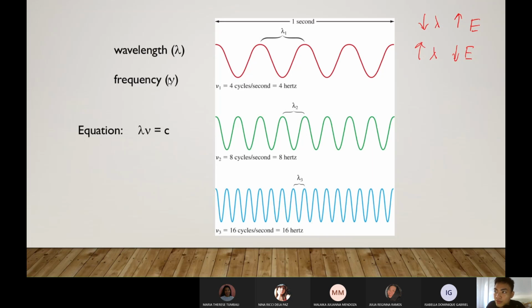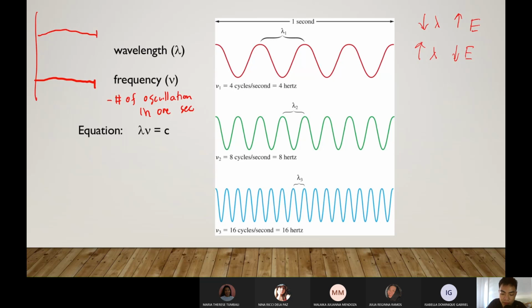When we talk about frequency naman, it tells us how many oscillations can be done in a fraction of a second. This tells us the number of oscillations in 1 second. So for example, this is 1 second mark.